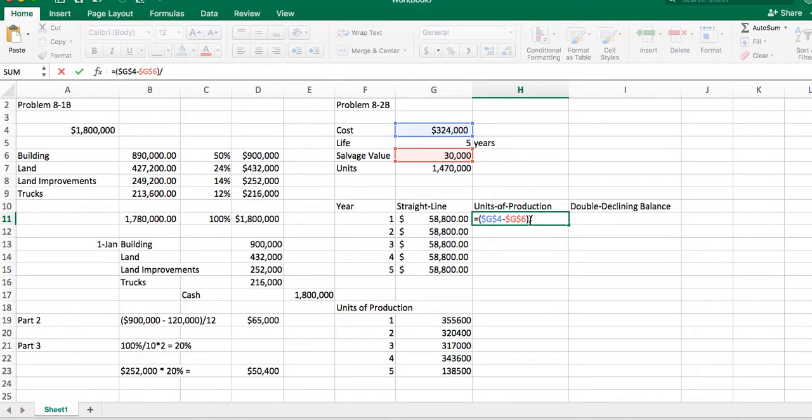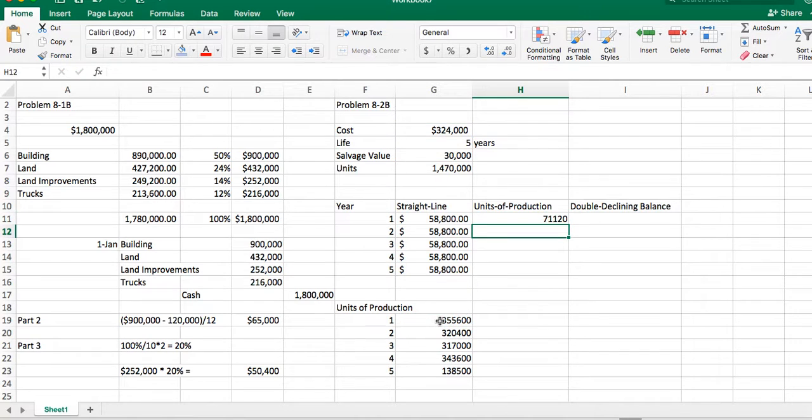And then we divide that by the number of units we're going to produce over the life of the asset, and I'll go ahead and make that absolute as well. And then we multiply that by the number of units produced that year. So for this year, the depreciation would be 71,120. And then if I did my formula correctly, I can fill that down and I can determine how much depreciation I will take each year.